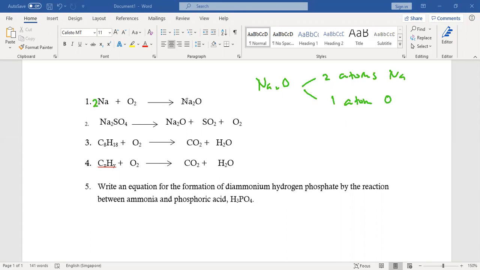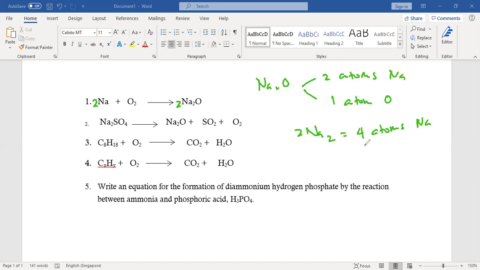So how to balance? We need to put here 2. But if you put 2 here, on the product side, it will change the number of sodium atoms. So this is how you read it. If it's written 2Na2O, it means that there will be 4 atoms of Na, because initially you have Na2, and then this coefficient will multiply the number of atoms.